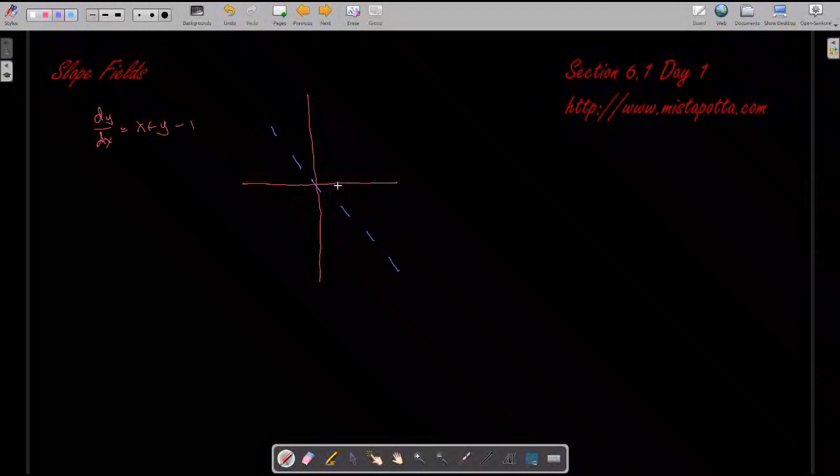And if y was 0 and x was 1, I'd have 1 plus 0 minus 1, so I'd have 0. And parallel to this line of negative 1 slopes, I'm going to have a line of 0 slopes.